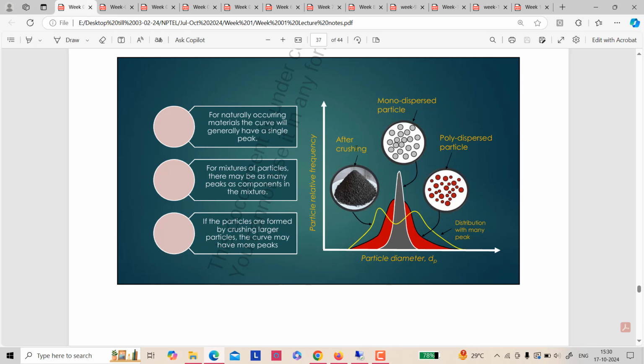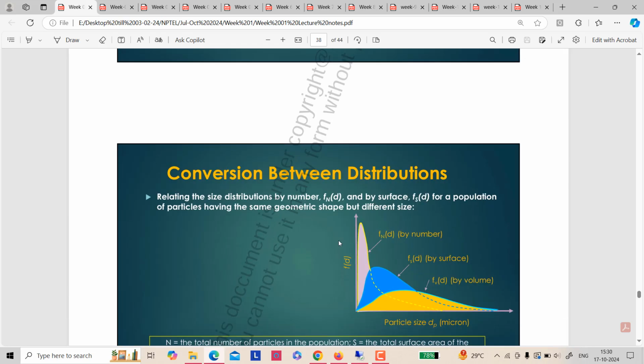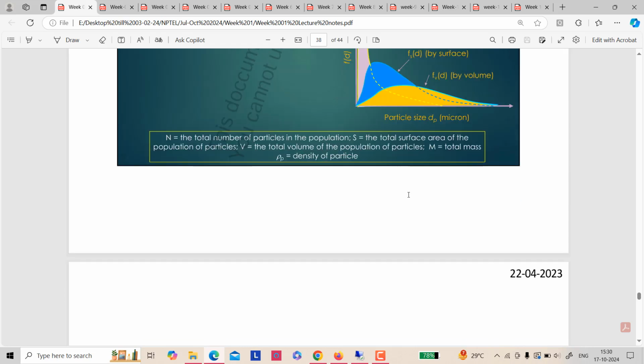Monodispersed particles come in a single range, and polydispersed particle diameter distribution comes in a bigger range. This is the size distribution by number, volume and surface.